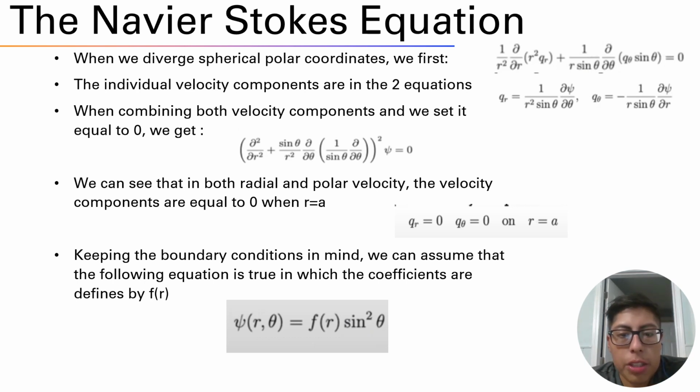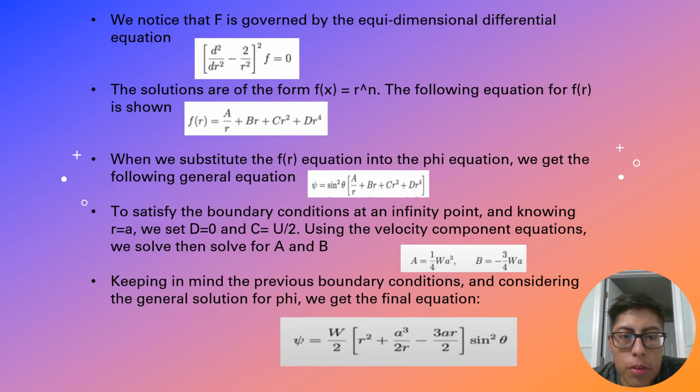Keeping the boundary conditions in mind, we can assume that the following equation is true, in which the coefficients are defined by f of r. And so psi of r, theta is equal to f of r times sine squared theta.